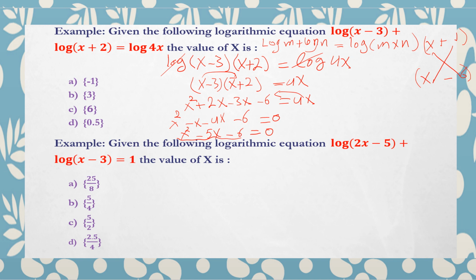So (x plus 1) times (x minus 6) equals 0. So x plus 1 equals 0 and x minus 6 equals 0. So x equals minus 1 and x equals 6.